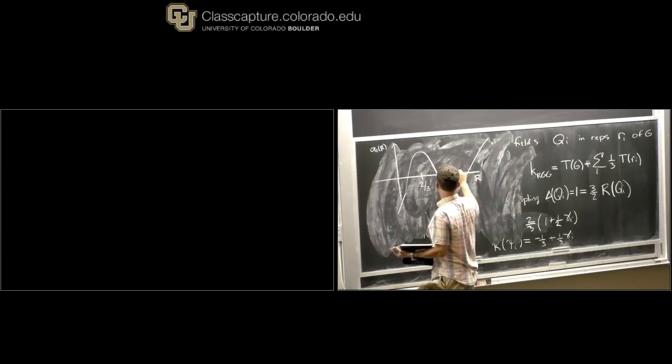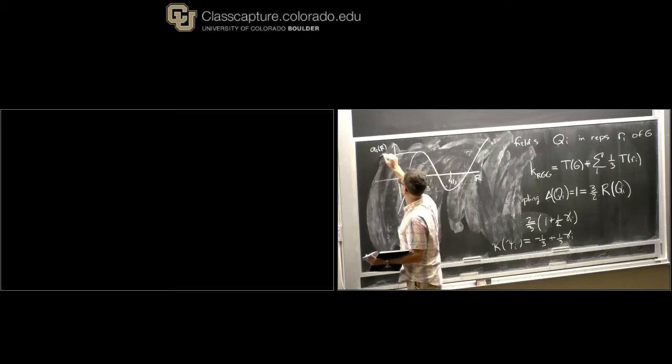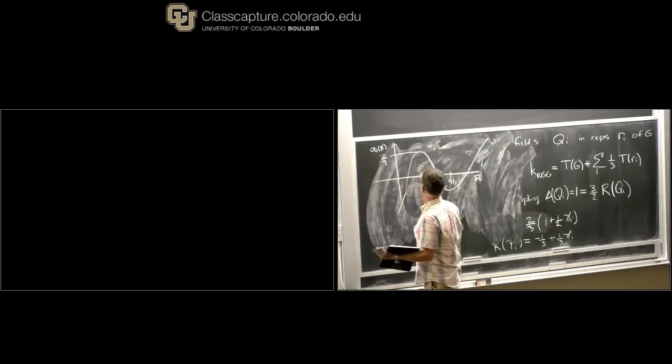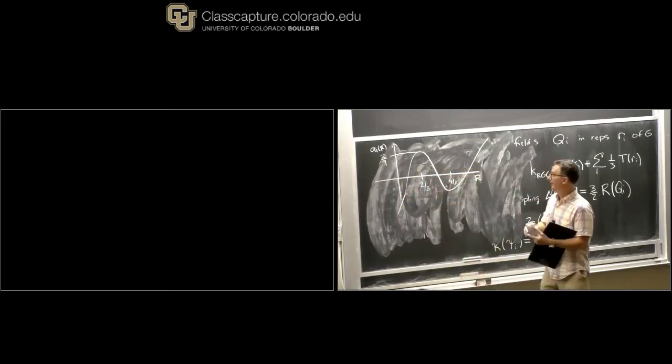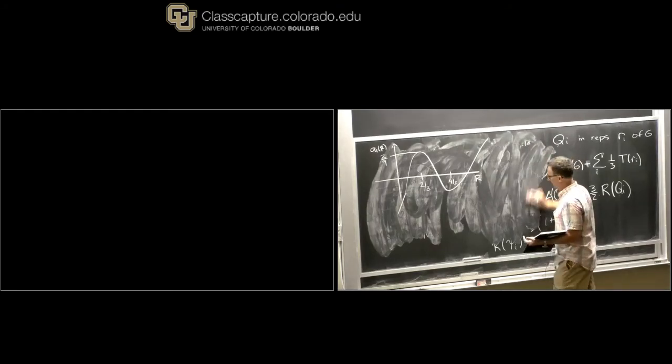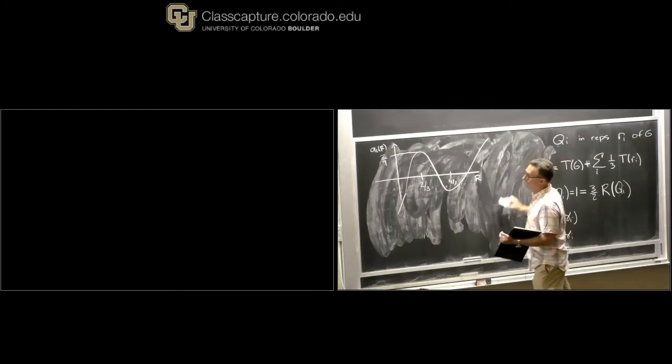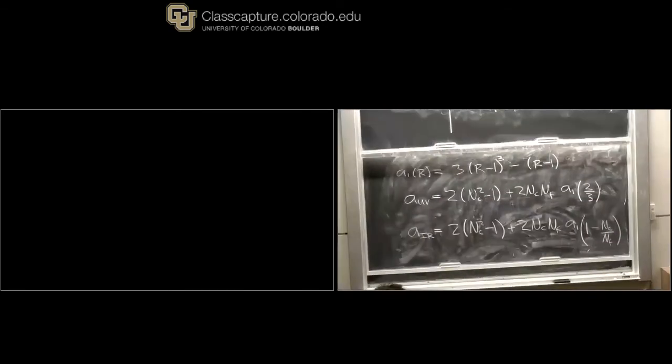Has a minimum at 4/3. This free field value here is 2/9. So for the ultraviolet, this A1 is at this local maximum. So this is where we are in the ultraviolet.